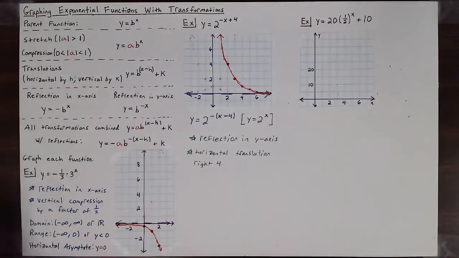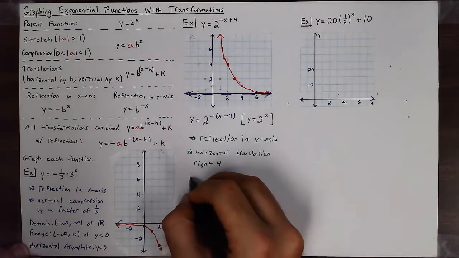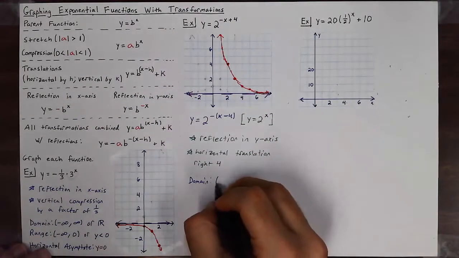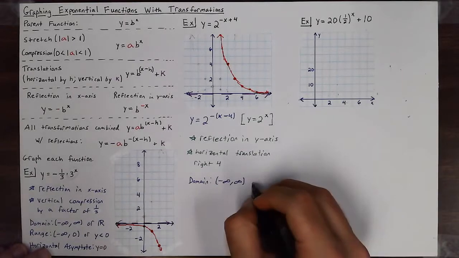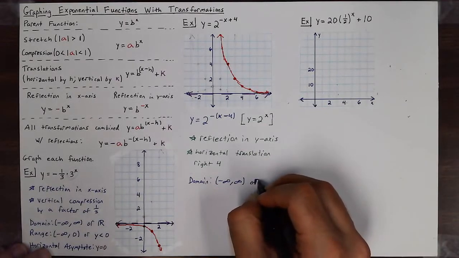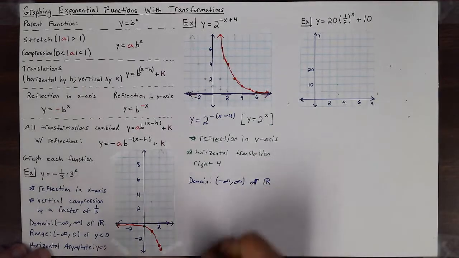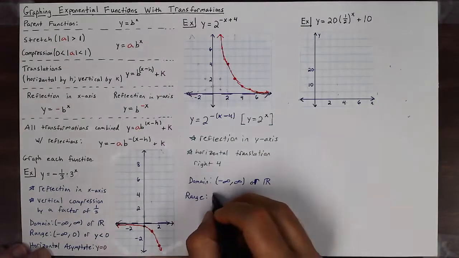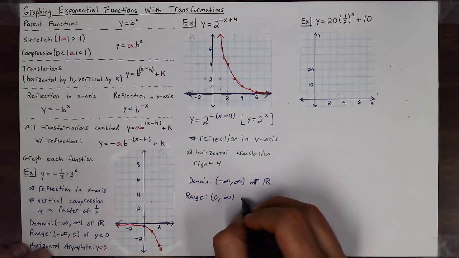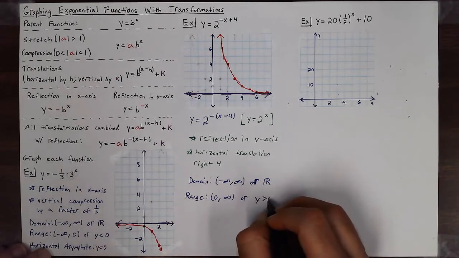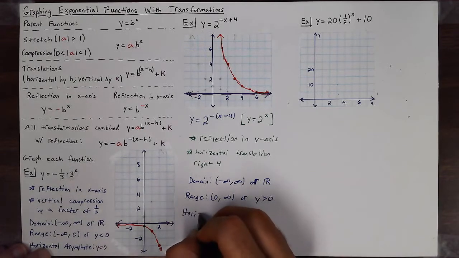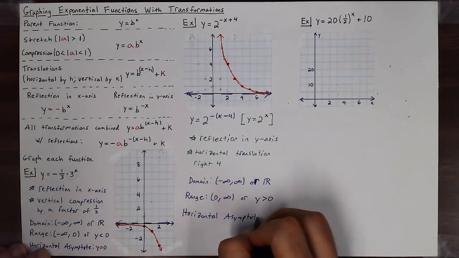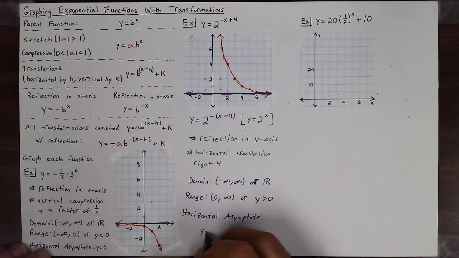But now if I go through my domain, range, and horizontal asymptote, my domain is still all real numbers. You can plug in any value of x that you want to. So negative infinity to positive infinity, or you could write all real numbers with a bold R. The range is still all positive values of y, so from 0 to infinity, or y is greater than 0 this time, and the horizontal asymptote is still at y equals 0, also known as the x-axis.